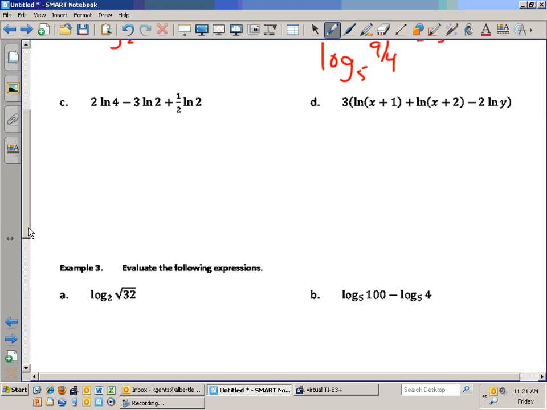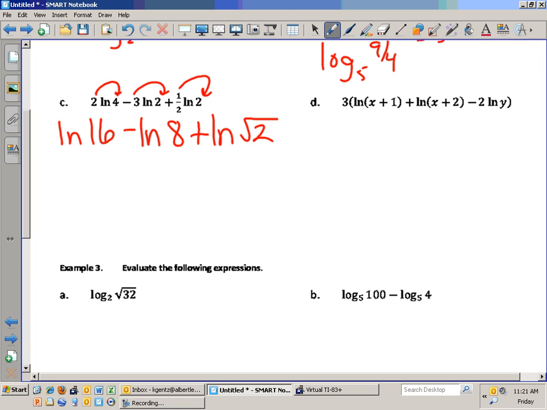Letter C, you see again I have all these coefficients up front. I could take this 2 and square the 4. I could take this 3 and cube the 2. I take this 1/2 and move it there. So I have the natural log of, what's 4 squared? Minus the natural log of 8 plus the natural log of square root of 2.